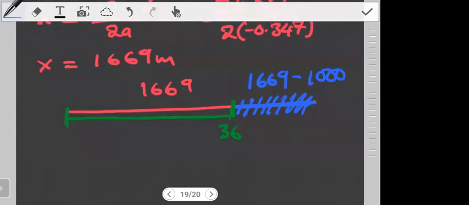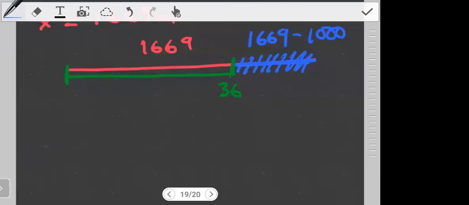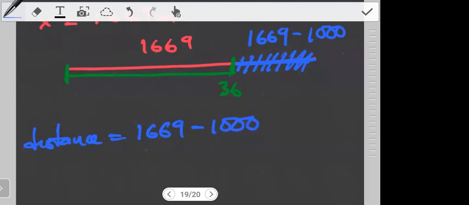So the further distance it covers, let's just write it as distance, will be equal to the total distance it covers as it stops minus the distance it covered in the first 36 seconds. And if you did this, you'll find the further distance as 669 meters. So this is the further distance the train covers as it comes to rest after that first 36 seconds.